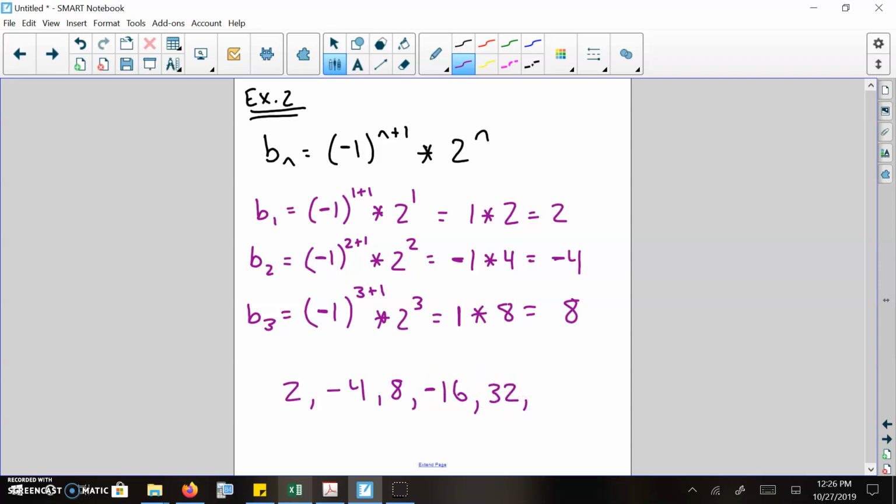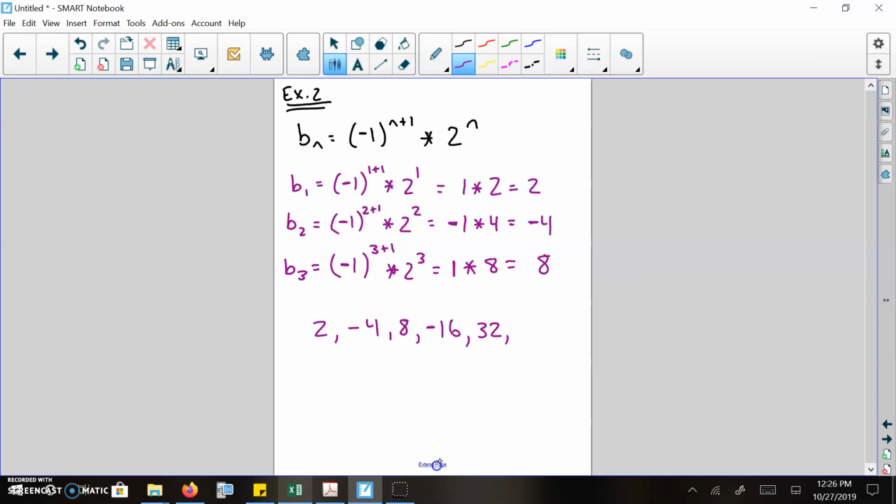And if we extended this out, what we would notice is the signs for each number would alternate, and we would just be raising 2 to 1 power higher each time. So 2 to the 1st, 2 squared, 2 to the 3rd, 2 to the 4th, 2 to the 5th, 2 to the 6th would be 64, but in this case our sign would change. Okay, next one would be 2 to the 7th, 128, but it would be positive, and so on and so forth.